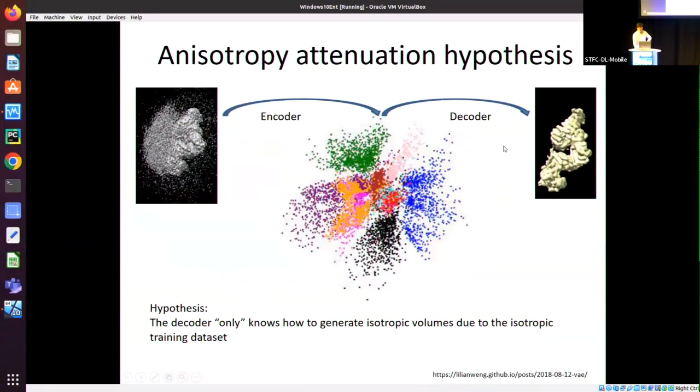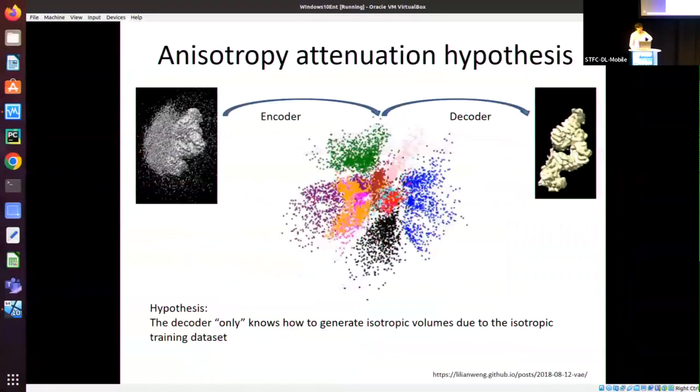So by construction and by dataset generation, the decoder in principle is not able to generate anisotropic results. And this is our hypothesis. We need to do a few tests just to try to nail down this explanation, but we are pretty convinced that this is at least partially one of the reasons we see this anisotropy reduction.